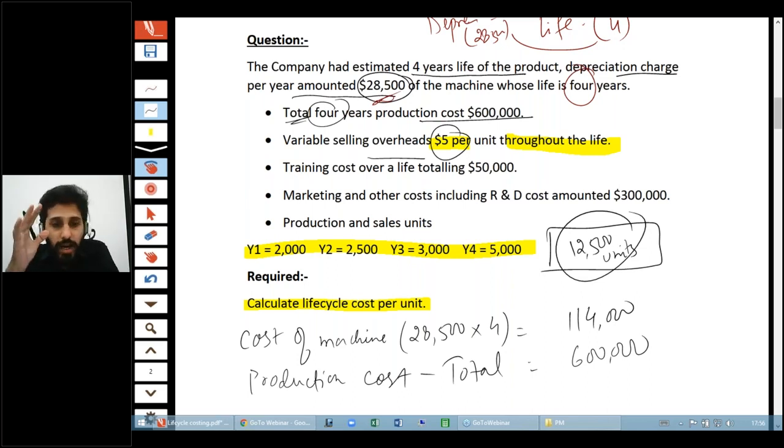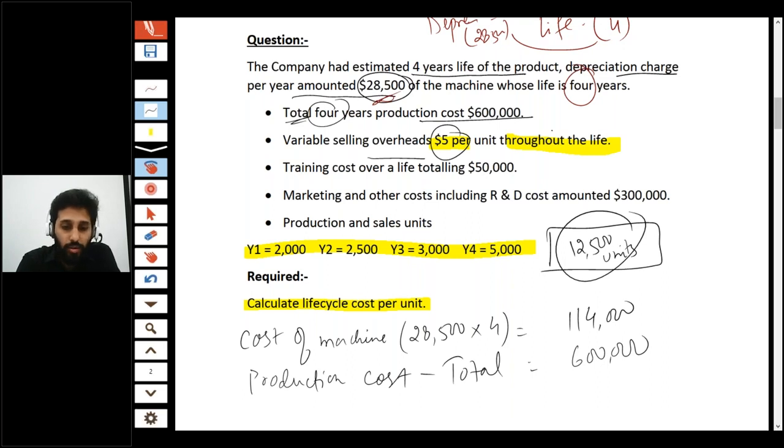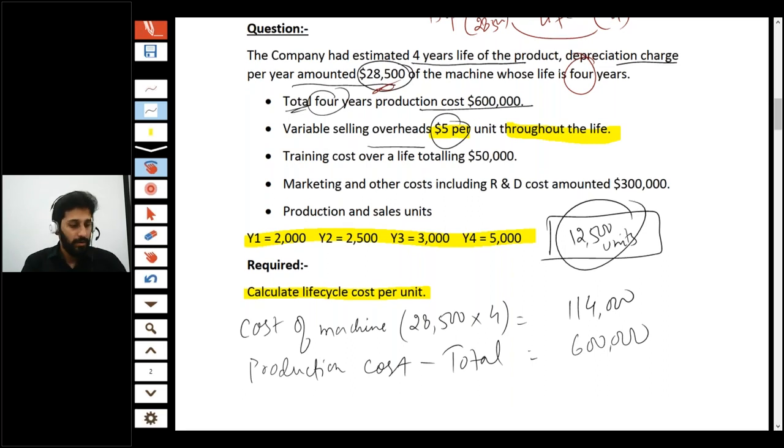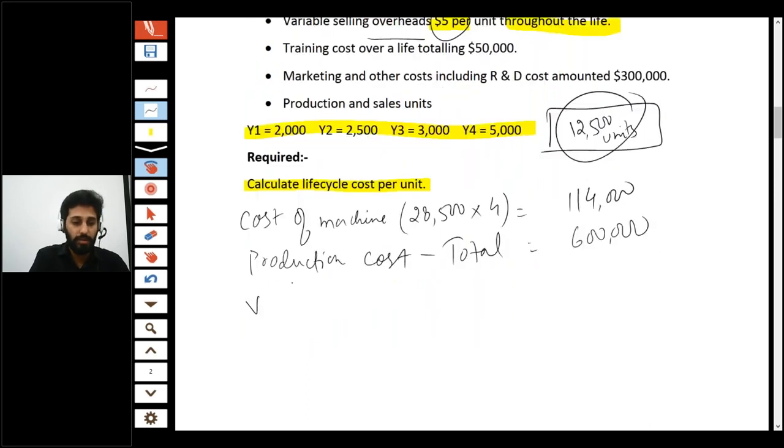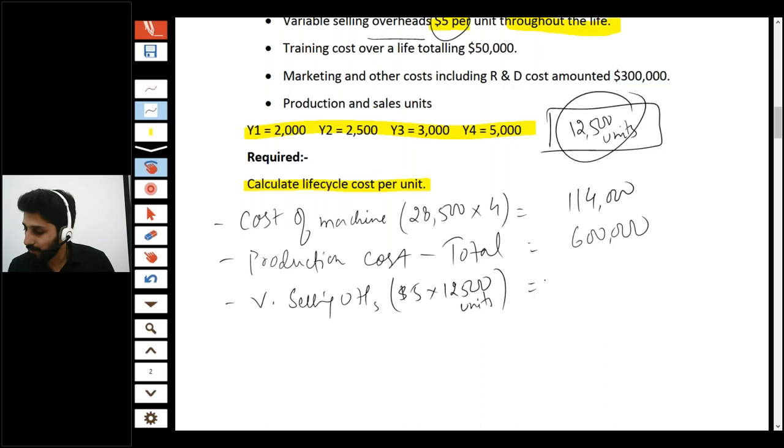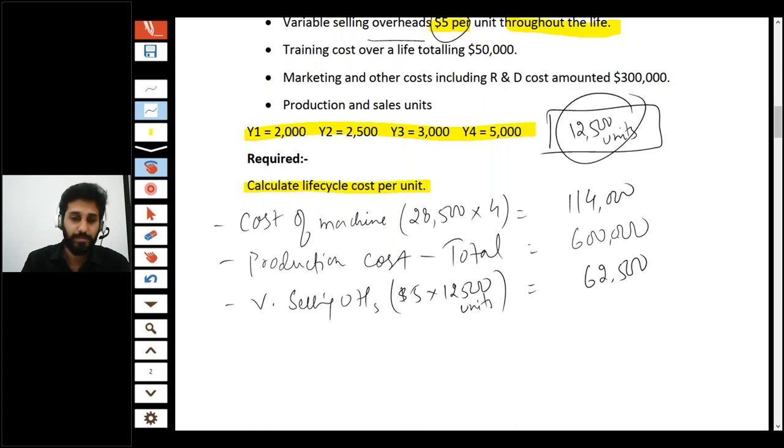So I need to calculate it accordingly. The variable selling overheads are $5 into 12,500 units, that would become 62,500.